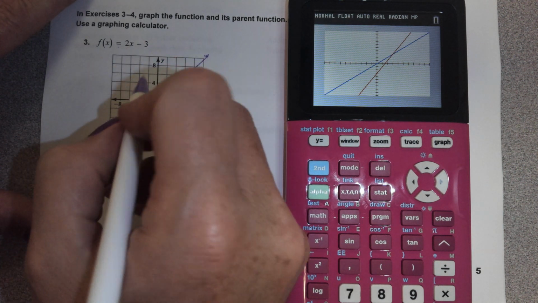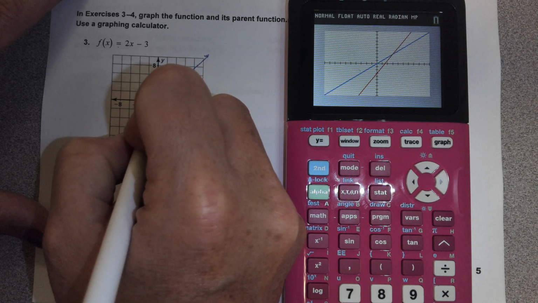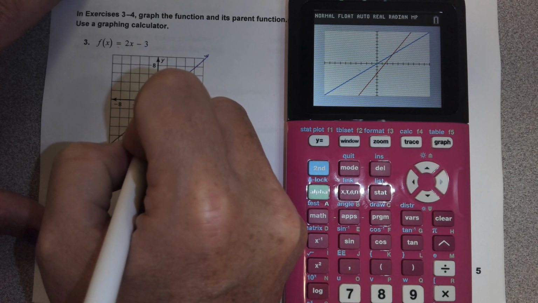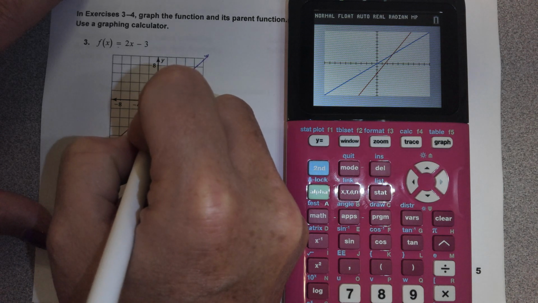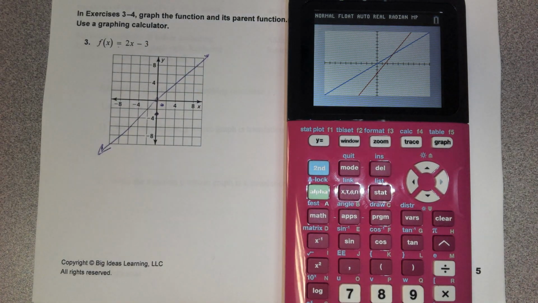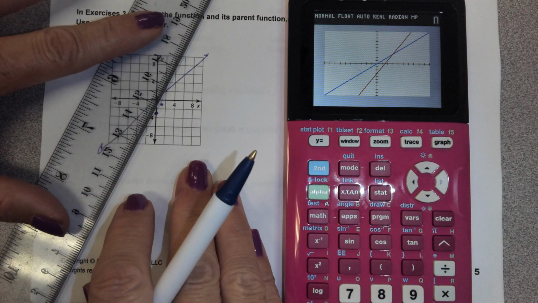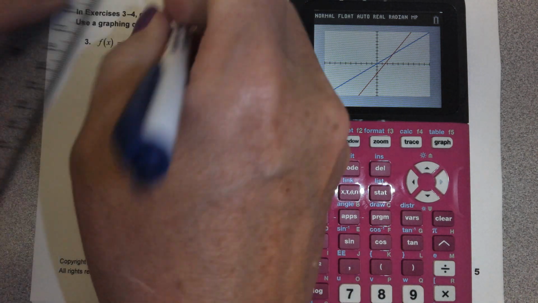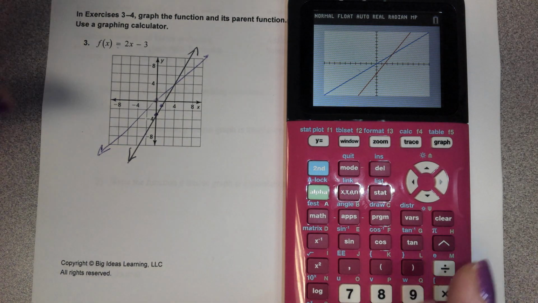I can see that just from other things that I know about this. So I'm going to go up 2 over 1. Kind of hard to do on this graph, but there's 1, 2 over 1. Okay, and I'm just going to connect those dots. If you have a straight edge, you can use it. If not, no big deal. We're just trying to get the basic look of this. Okay, and so there's the new one.